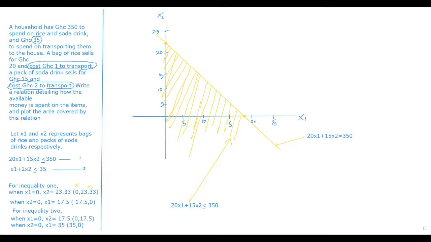S2, so it will be somewhere here, 17.5. Then when S2 is 0, S1 is 35. I have to extend this one, sorry.